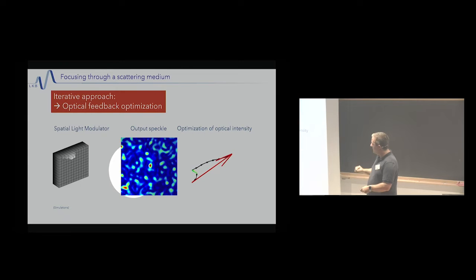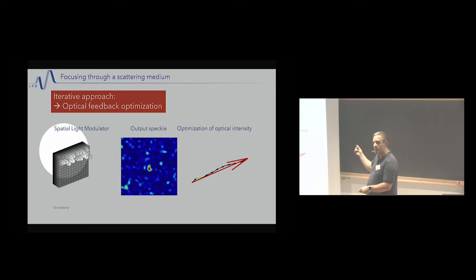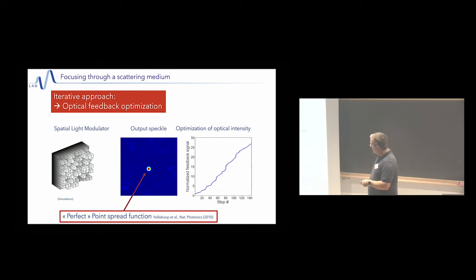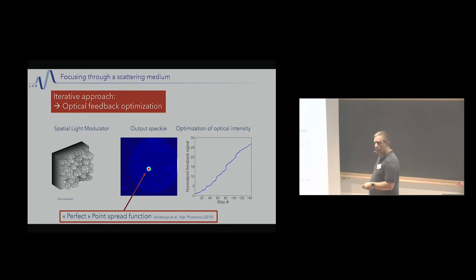You make this particular pixel interfere with the average field at this position, and this basically corresponds to aligning these different phasors, which are initially completely random relative to each other, all together. And in this case, you get this very sharp focus.